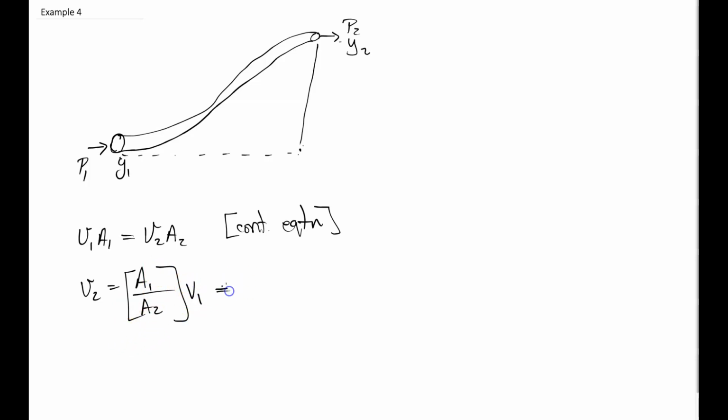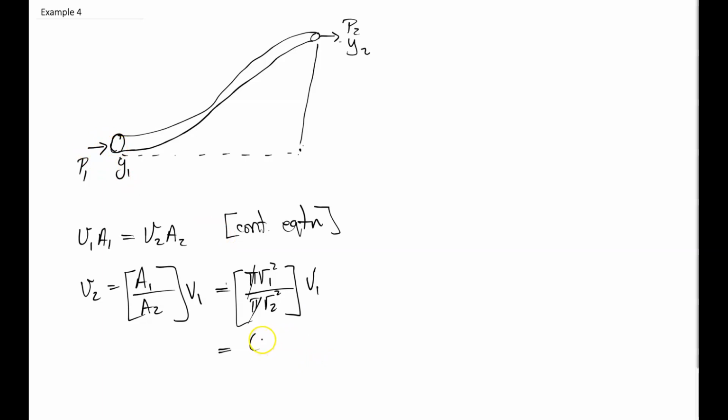And since these are circular pipes with a diameter, we can say this is pi r1 squared over pi r2 squared times V1, and the pi's will cancel. So we have r1 squared, which is the radius at the lower end.